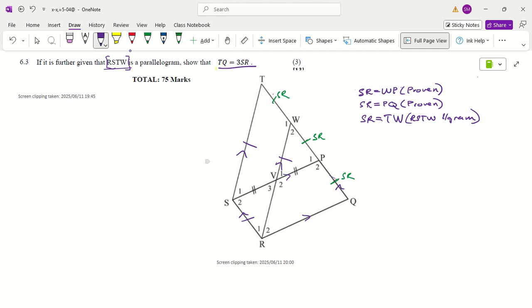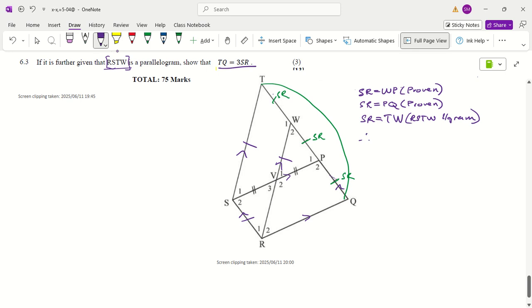So now what does that mean? This means that the whole thing here is TQ, right? And how many SRs do you see in TQ? There's 3 of them.